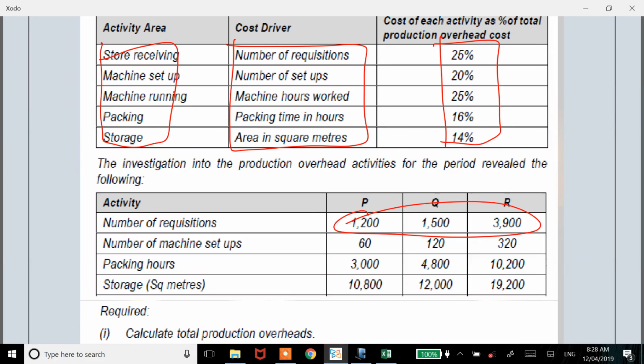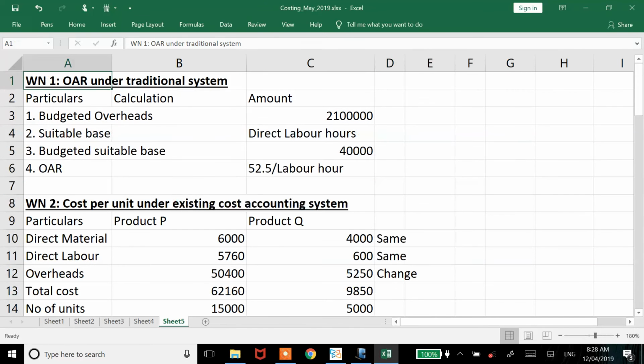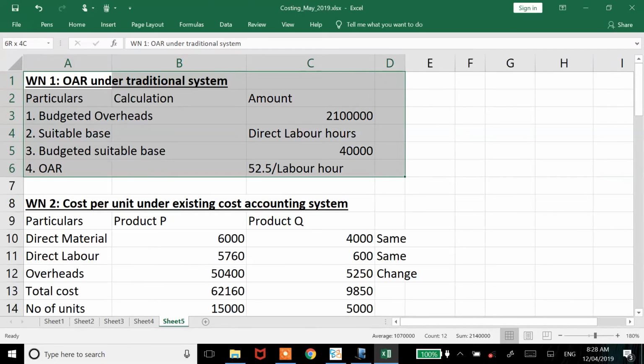In working note 1, you don't calculate OAR, you calculate the overheads. That's the only difference. Working note 1, computation of total overheads.